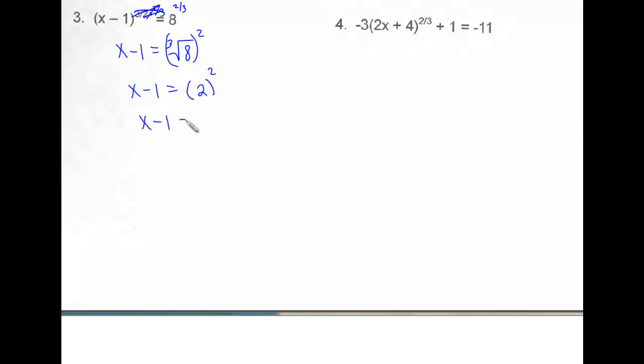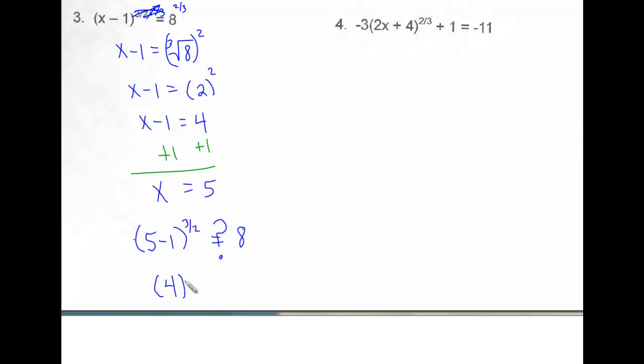So x minus 1 is equal to the cube root of 8, which is 2, squared. So x minus 1 is equal to 4, and when we add 1 to both sides, x is equal to 5. Is 5 minus 1 to the 3/2 power equal to 8?